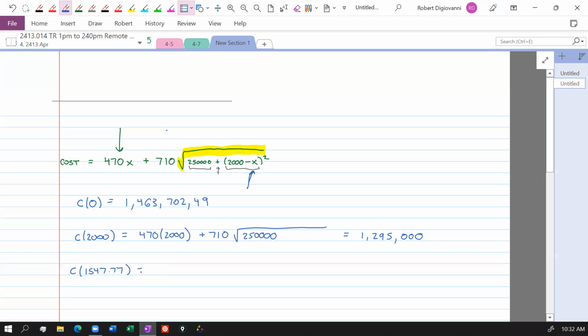Plugging 1547.77 in here would be 470 times 1547.77 plus 710 times the square root of 250,000 plus 2000 minus 1547.77, but then that's squared.